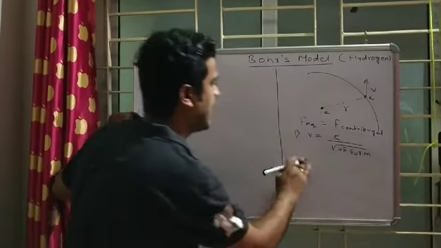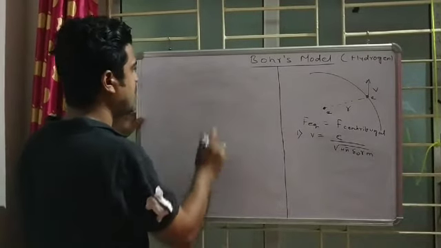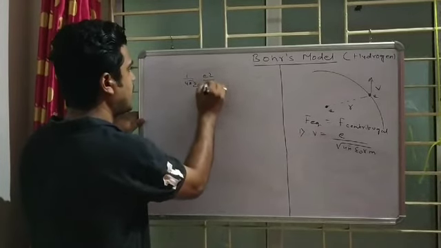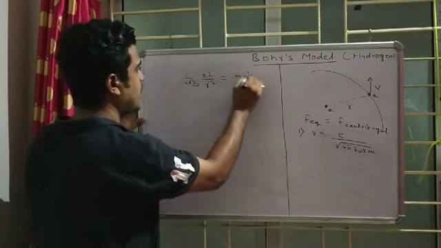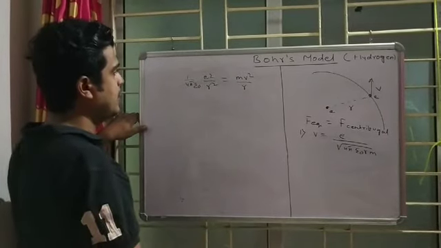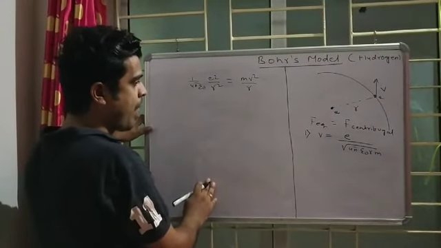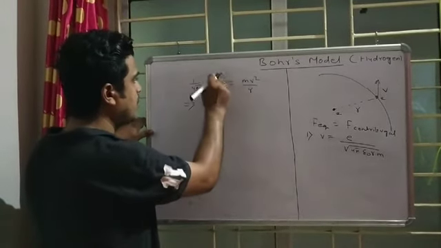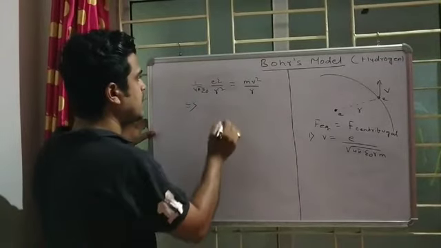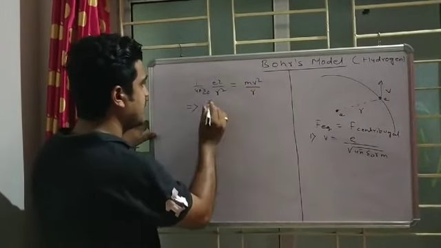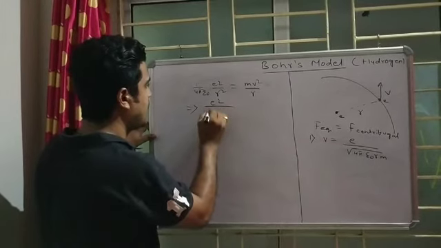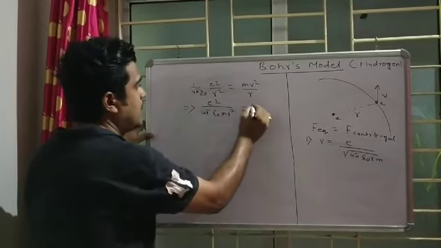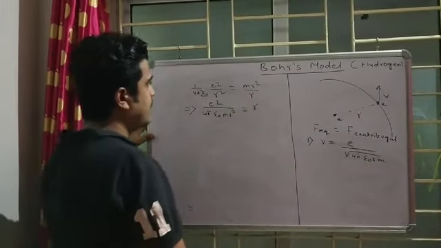Now I will do it for r. Again I write 1 by 4 pi epsilon 0 e square upon r square equal to mv square by r. Now I will calculate what my r will be. If this r square goes there, and total mv square comes to this side, then e square upon 4 pi epsilon 0 mv square equals r.